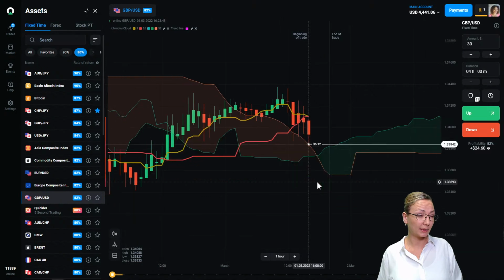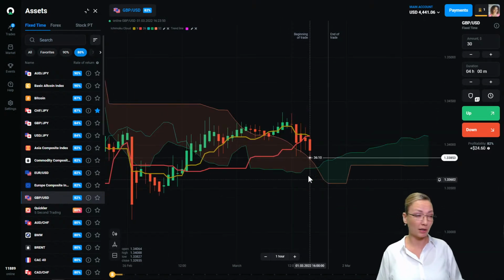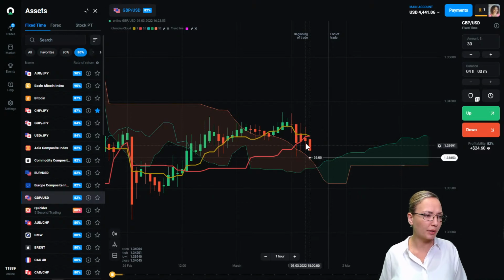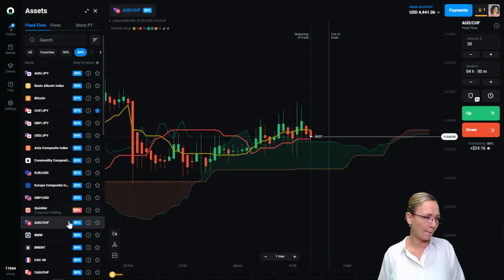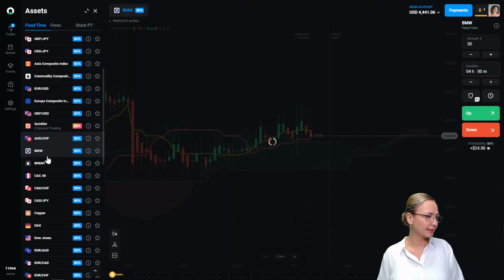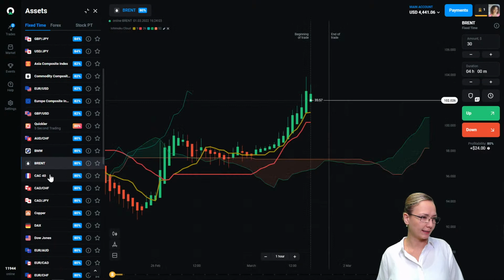GBP USD, this is something to possibly monitor because we are seeing some bearish movement, and it looks like it wants to cross, but not quite there yet. Alrighty, let me just run through these and see if I find anything. That would be fantastic.